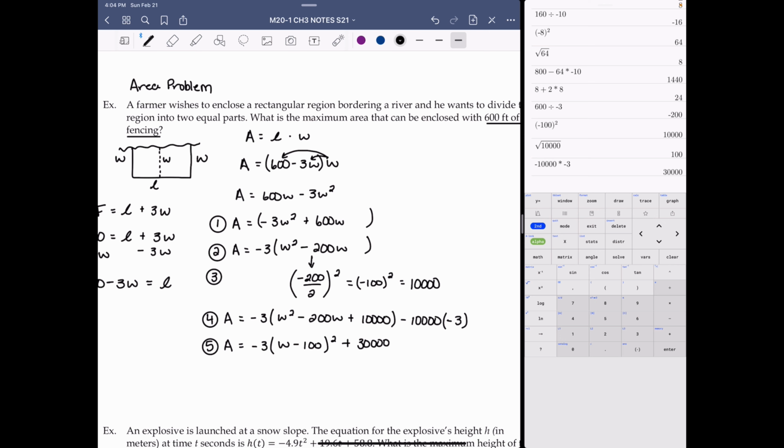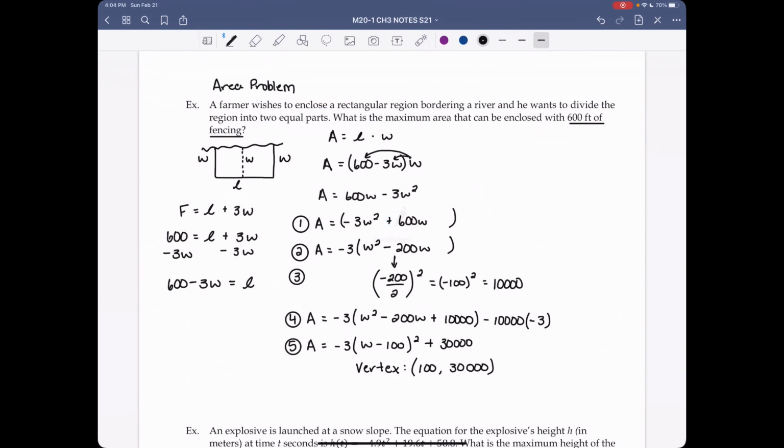So our vertex is at x would be positive 100 and y would be 30,000. What do these represent in terms of the question?